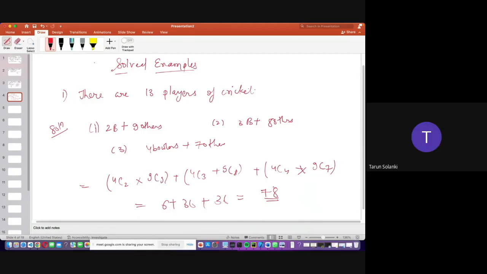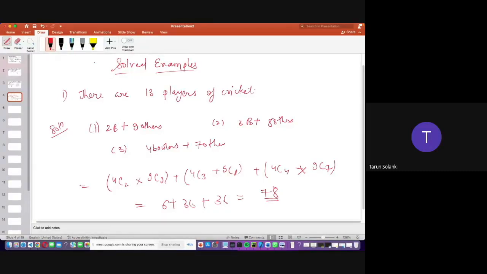Okay. Again, I am repeating. A team of 11 may be selected in the following three ways: two bowlers plus nine others, three bowlers, eight others, four bowlers, seven others. So there are four bowlers and nine others. So the total number of selections will be 4C2 into 9C9 plus 4C3 into 9C8 plus 4C4 into 9C7.